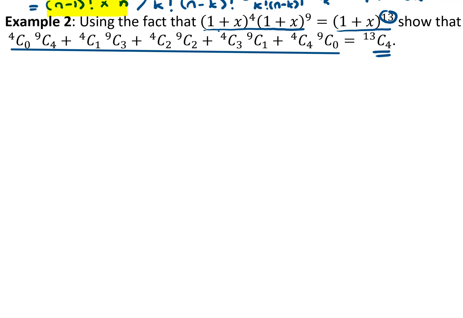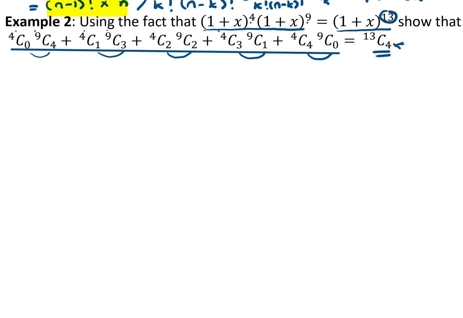We notice that the powers match with the powers on the left-hand side, 4 and 9. And if we look at the r's, 0 and 4, they add to make 4, and so on, which happens to be this number here on the right-hand side.